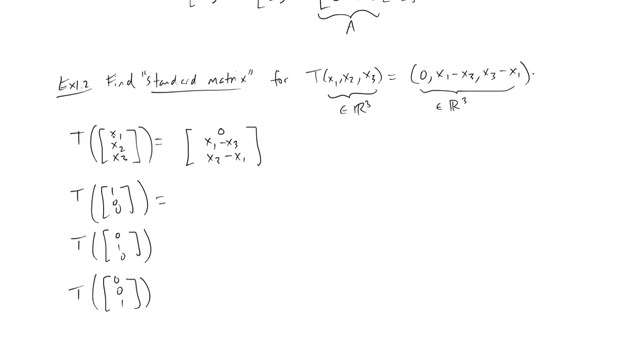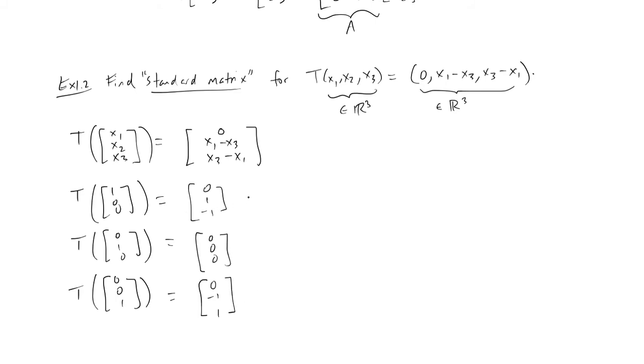If we have 1 for the first coordinate, then that 1 is going to appear both here and here. So (0, 1, -1). If we have 1 in the second coordinate and 0 elsewhere, then that's going to show up nowhere. It's not going to be anywhere in this formula. So that's going to be (0, 0, 0). And then if we have 1 in the third coordinate, that's going to show up here and here. So that'll be (0, -1, 1).